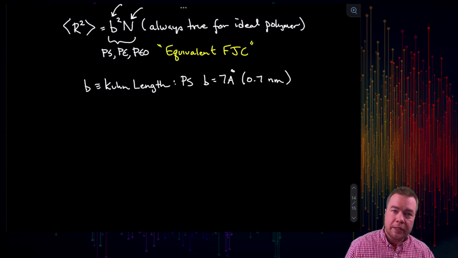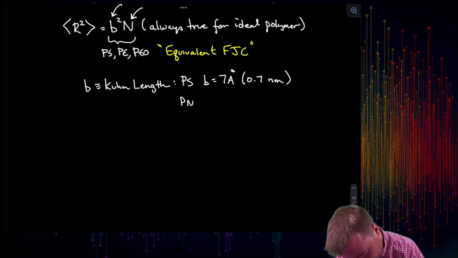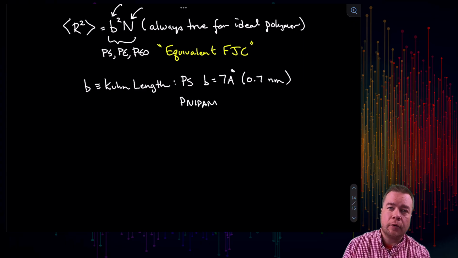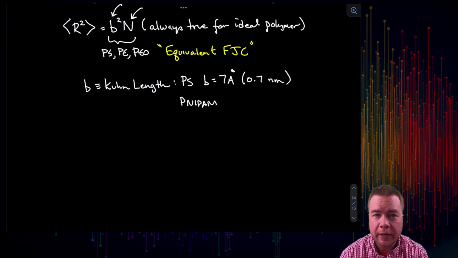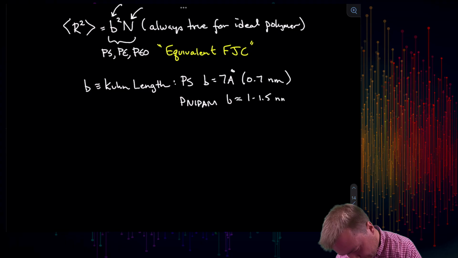So I don't have a list with me right now, but PNIPAM is commonly used for thermoresponsive materials. People are looking at it for use in biomedical applications. Its Kuhn length is somewhere on the order of like 1 to 1.5 nanometers, okay? So like 10 to 15 angstroms.